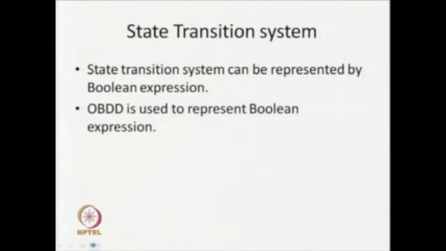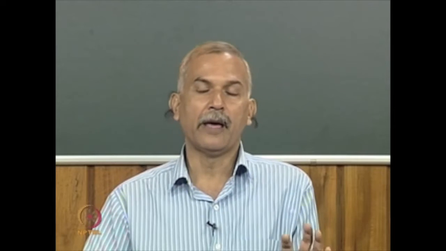Already we have seen how to represent this state transition system with the help of a Boolean expression. This is nothing but the combination of all those transitions, and once we have that Boolean expression, then OBDDs can be used to represent it. That means, eventually, OBDDs can be used to represent the state transition diagram.